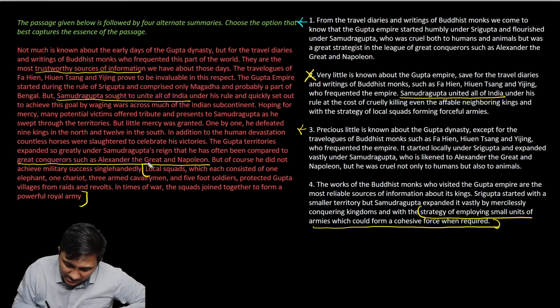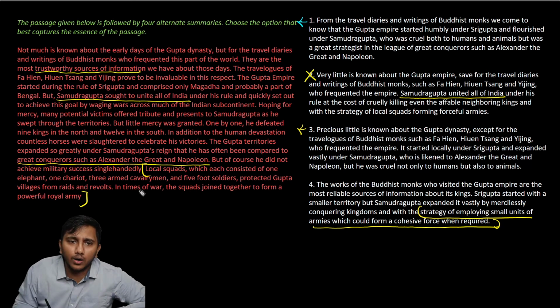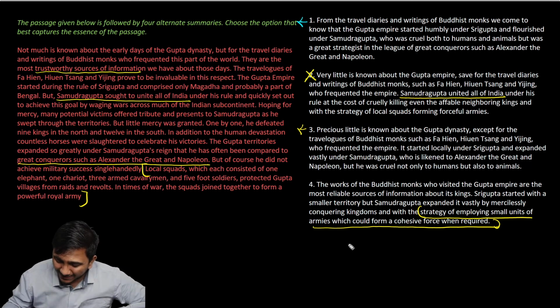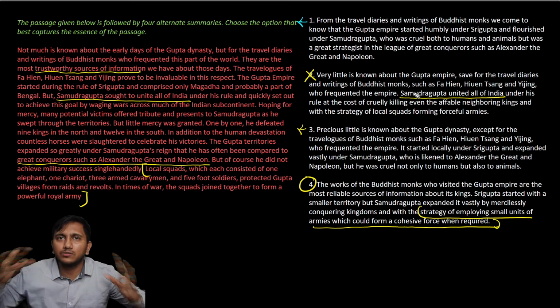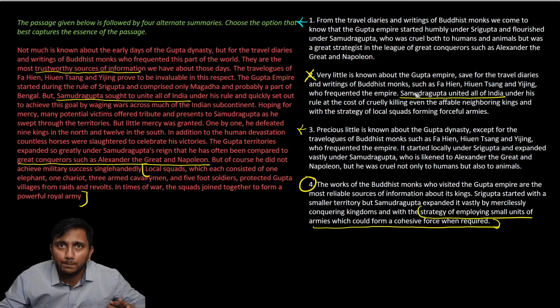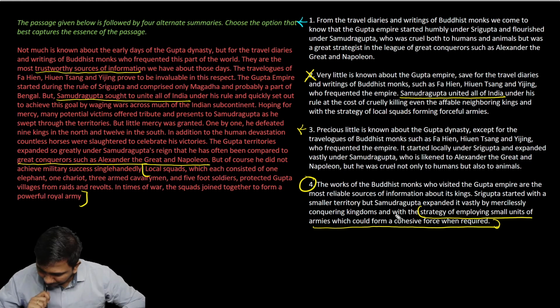But this is a primary strategy he used for capturing places. So I would say this option covers the maximum main points, because he already covered maximum places in India, and then he was compared to these two people. So I would say this is a better option.